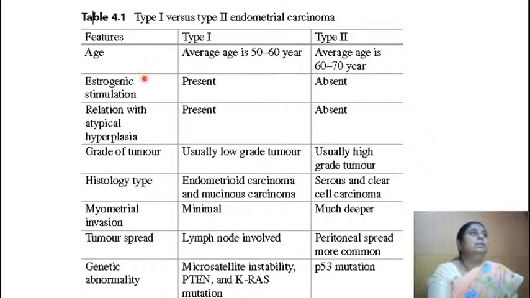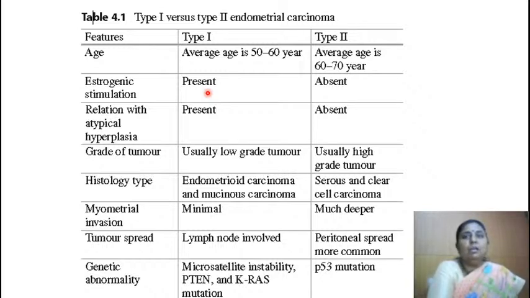Okay, and in type 1 carcinomas, usually there is estrogenic stimulation. The perimenopausal stage is the stage just before and after menopause is attained, and you have a lot of estrogenic stimulation of your endometrium. Unopposed estrogenic stimulation. Do you remember the different phases of your endometrium?